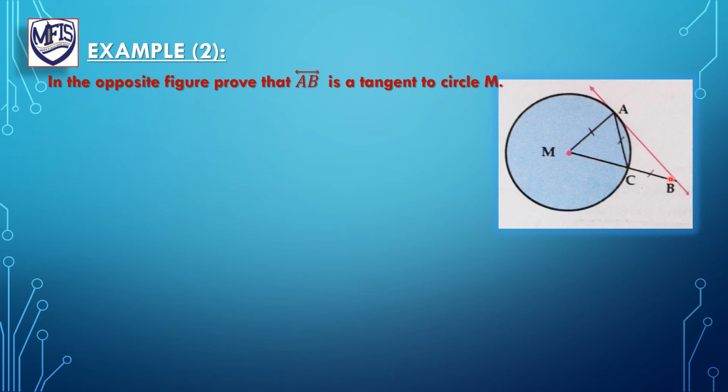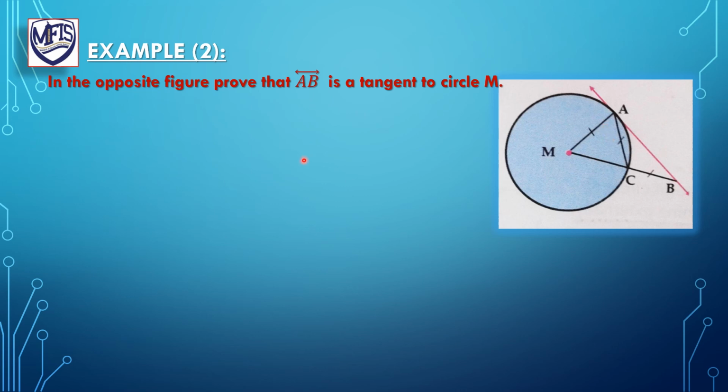Therefore, measure angle A equals measure angle B. Now, the measure of angle BAC equals 60 divided by 2. Then this angle equals 30 degrees. Now 30 degrees plus 60 degrees equals 90 degrees.